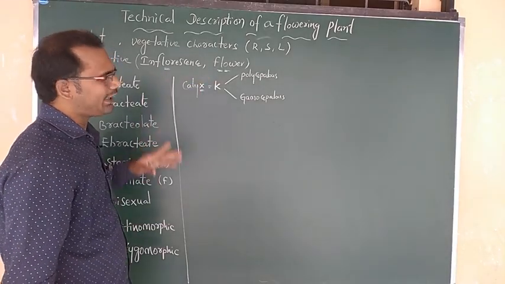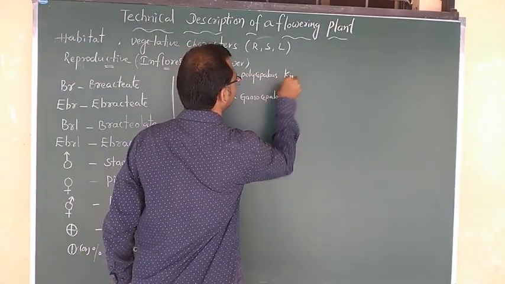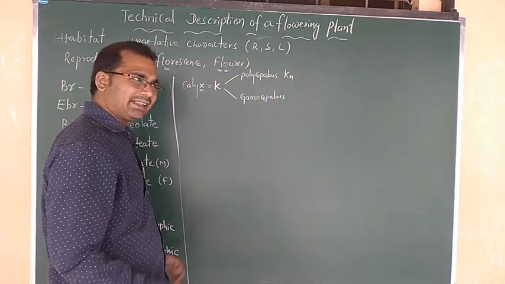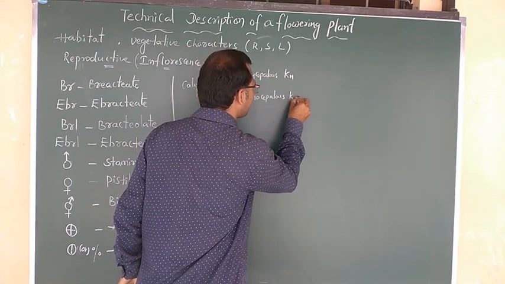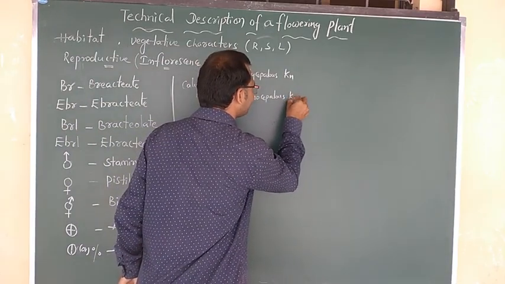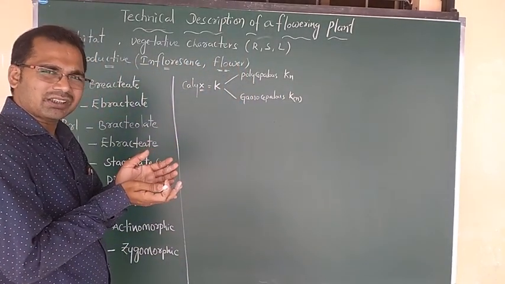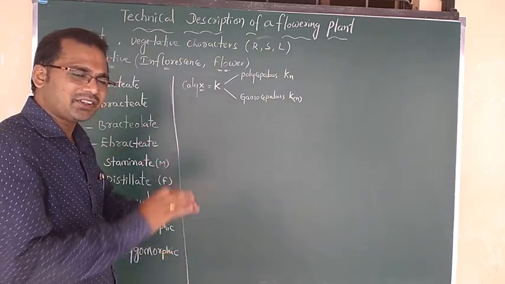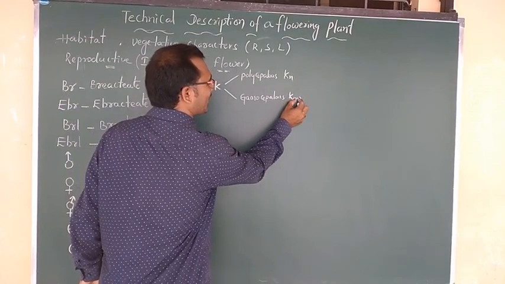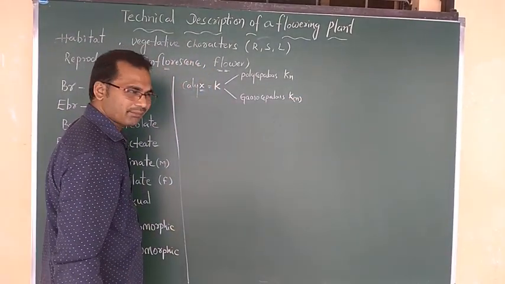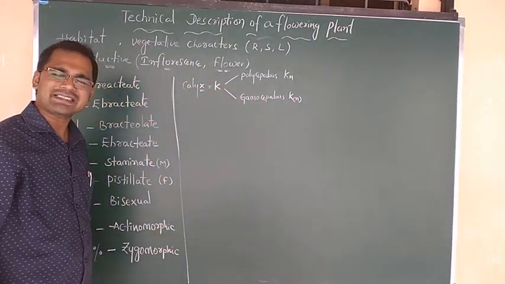In case of polysepalous, we write Kn. In case the sepals are in united condition, keep it in the bracket, K(n). So what does the bracket symbol indicate? United condition, union of the sepals. That's why the number of sepals in bracket is gamosepalous. The number of sepals without bracket is polysepalous.